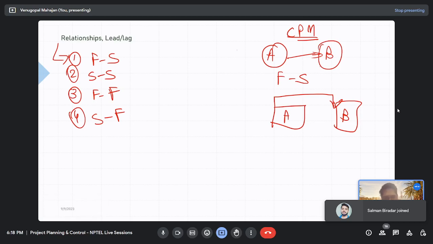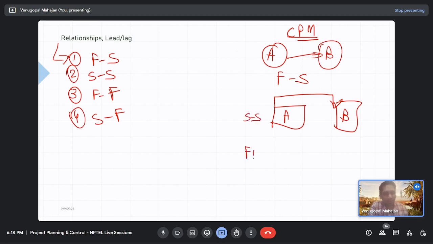Now from the statement itself, it is clear that B is dependent on activity A somehow. I mean, B can only start when A starts. So that means there is some kind of precedence relationship. So this was your start to start.